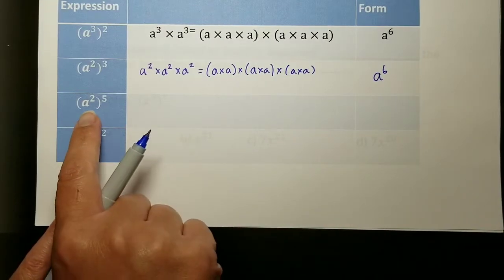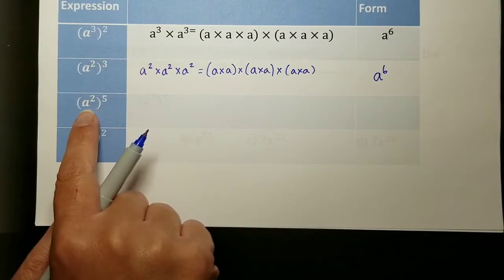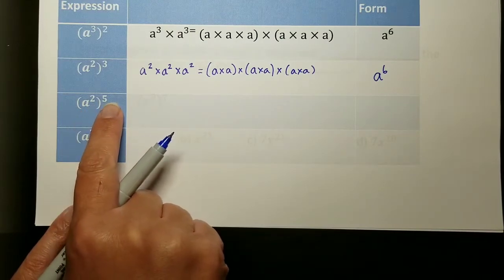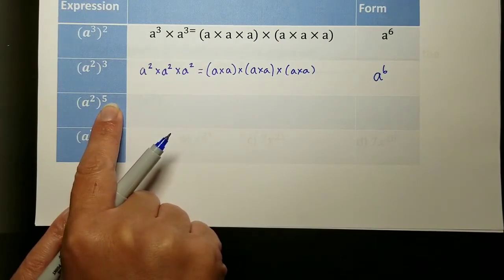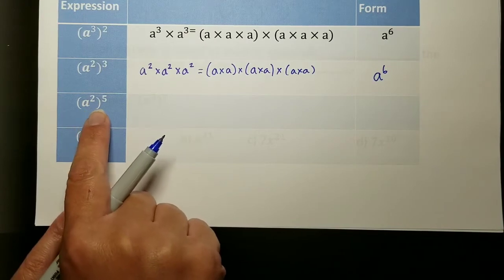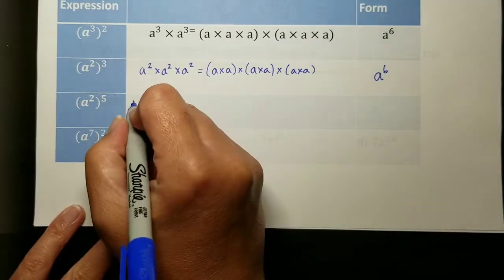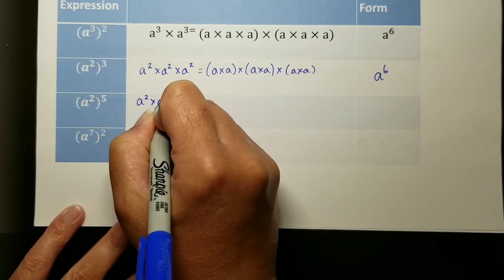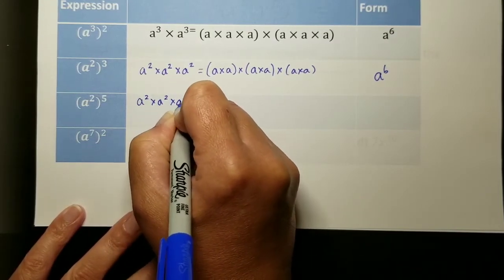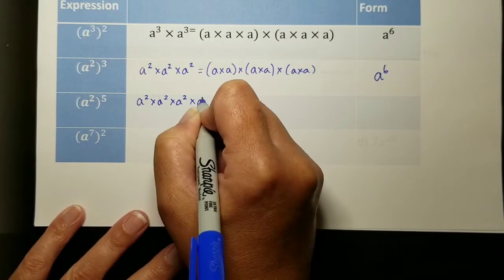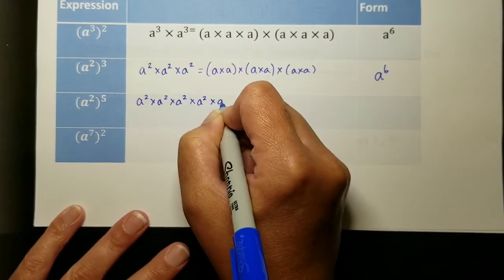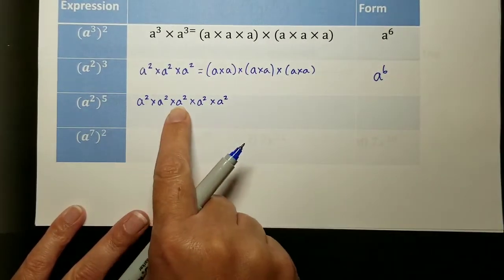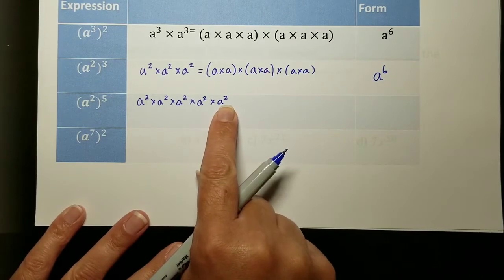The next one, I'm going to have trouble fitting this in, I think. A squared to the exponent 5. So this means a squared times a squared times a squared, 5 times. I'm going to go on 2 rows here. So this is a squared times a squared times a squared times a squared times a squared. So it's 1, 2, 3, 4, 5 a squareds.